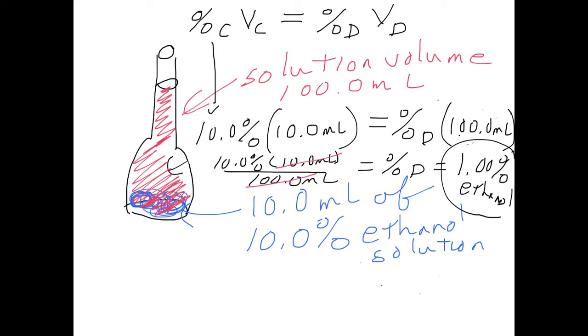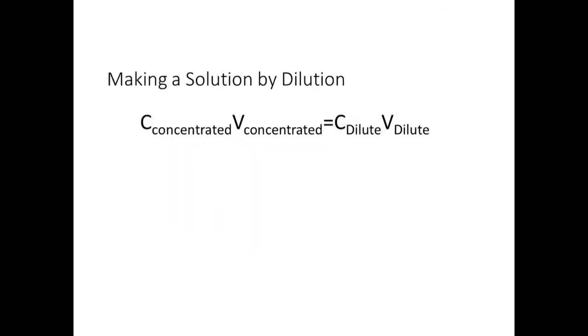Gee whiz, we can't make out that formula from your chicken scratch. Here is the formula in a nice, neat, written out fashion. The concentration of the concentrated times the volume of the concentrated equals the concentration of the dilute solution times the volume of the dilute solution.